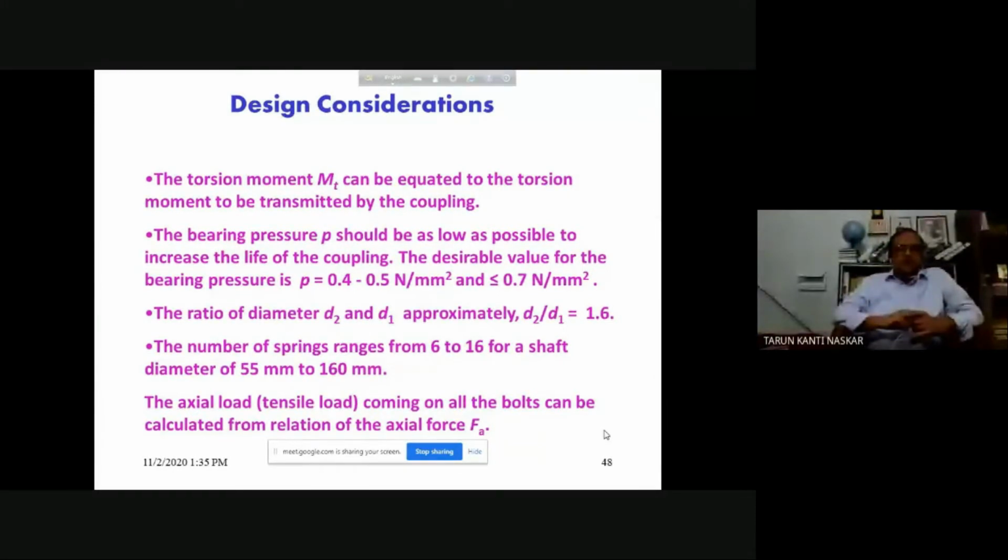So the number of bolts means the number of springs. The number of springs ranges from 6 to 16 for a shaft diameter of 55 millimeter to 160 millimeter. So these are the empirical relations. Then the axial load, that is the tensile load coming on all the bolts, can be calculated from the relation of the axial force Fa.